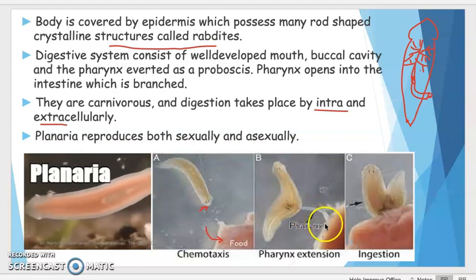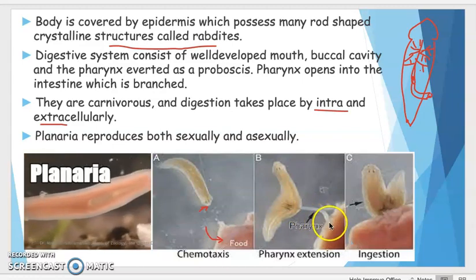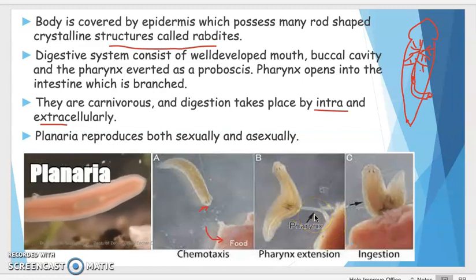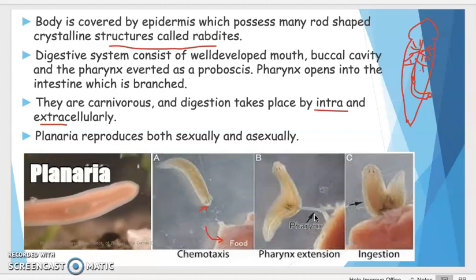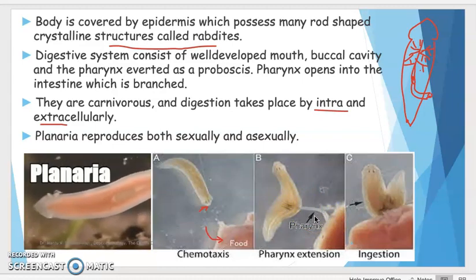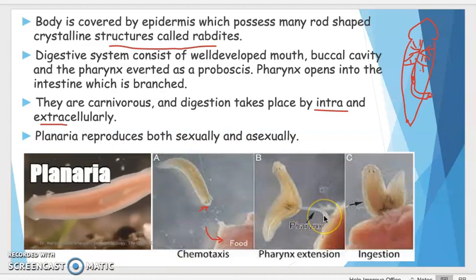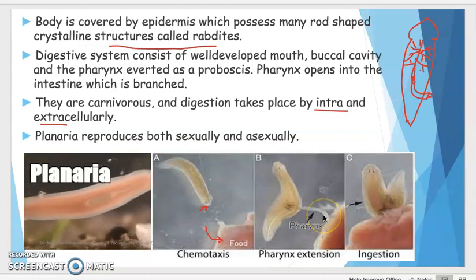So it somewhat digests the food materials extracellularly, and this proboscis tries to suck in the food particles, and the splitting of the food is effected by the enzymatic secretion of this pharyngeal wall. And this is a type of extracellular digestion which is seen in the animal.